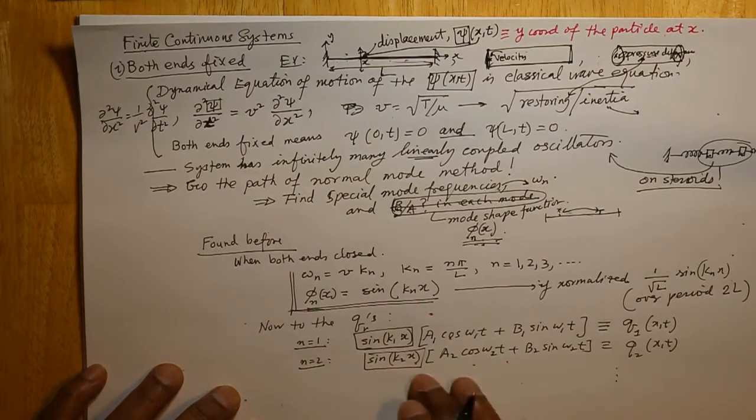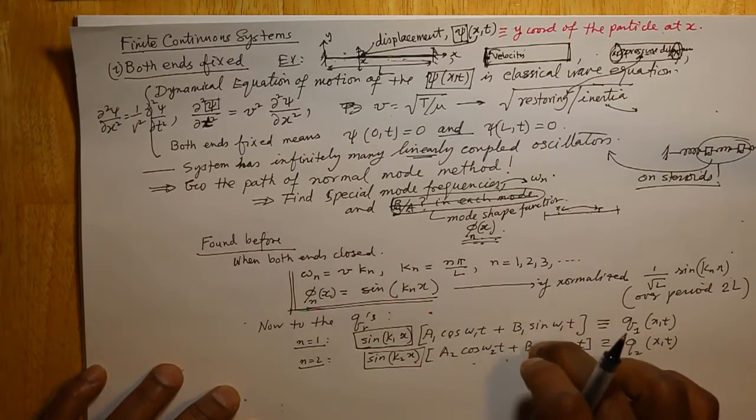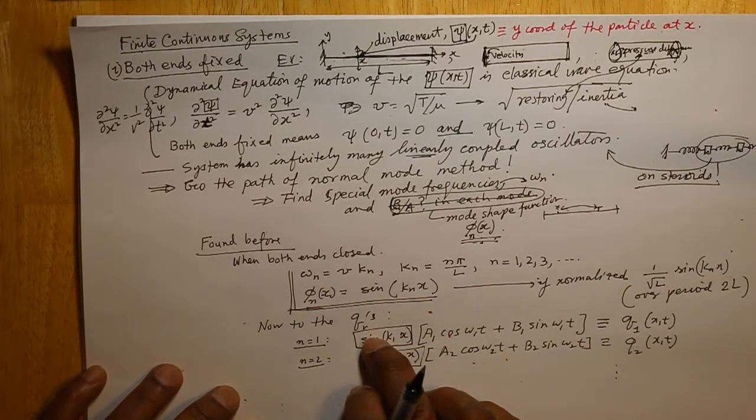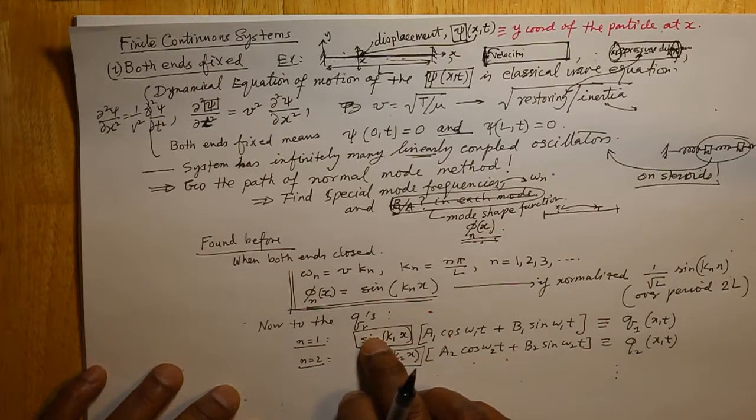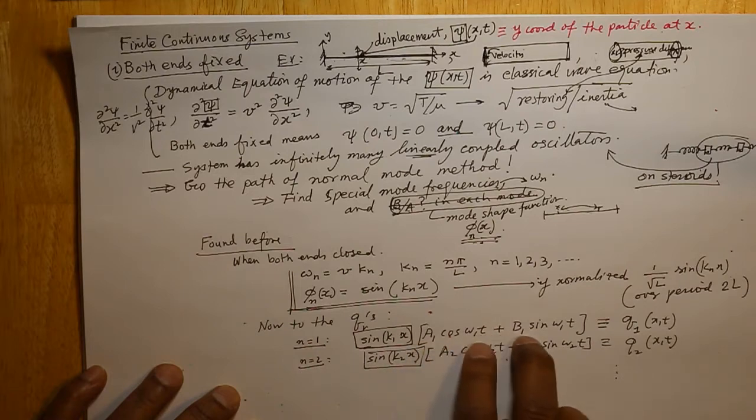But I have to start with zero velocity. If I start in this shape with zero velocity, the B's will be zero. But if I gave it some velocity, then I'll have to figure out both A's and B's. Okay. All right.